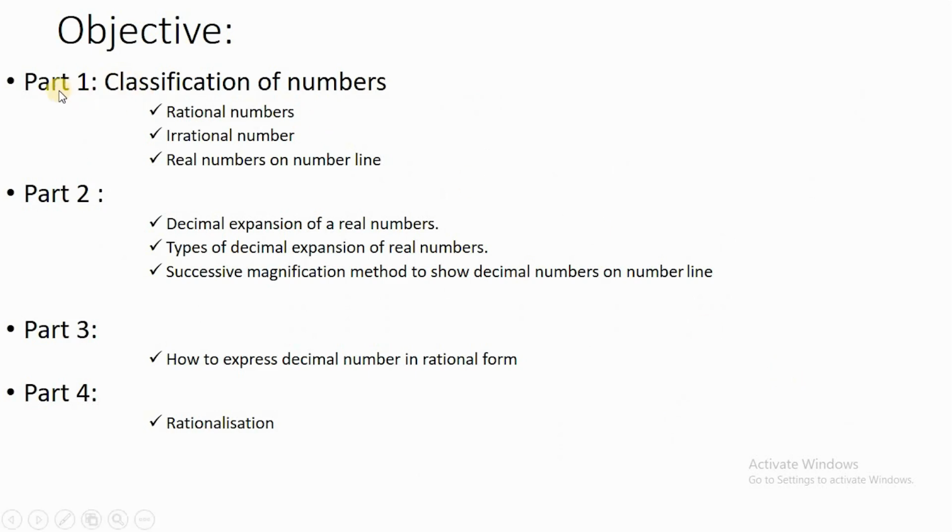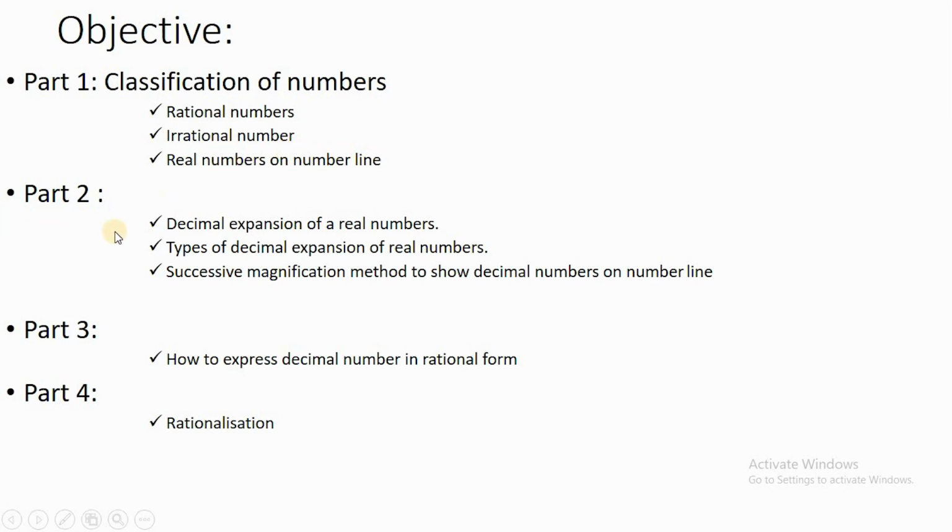I've divided this chapter into 4 parts. In the first part, we are going to learn about the classification of numbers, under which we are going to recall the rational numbers that we learned in class 8, and then introduce the irrational numbers. Then we are going to learn how to plot or represent these numbers on the number line.